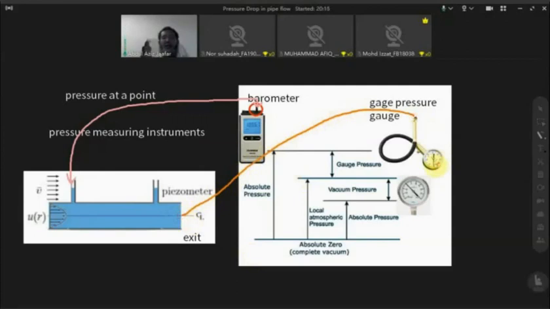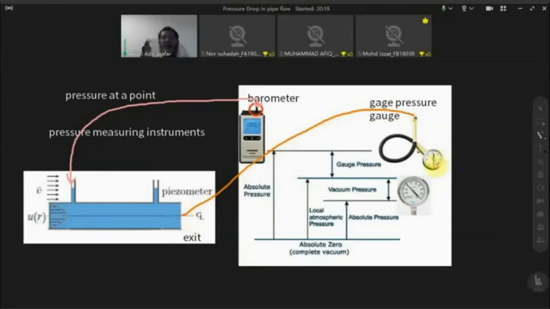If we place the gauge in the tubing up to the exit of the tube, it will give you the pressure there. Normally, if we have a flow in the pipe, the pressure at the exit will be higher than the atmospheric pressure.